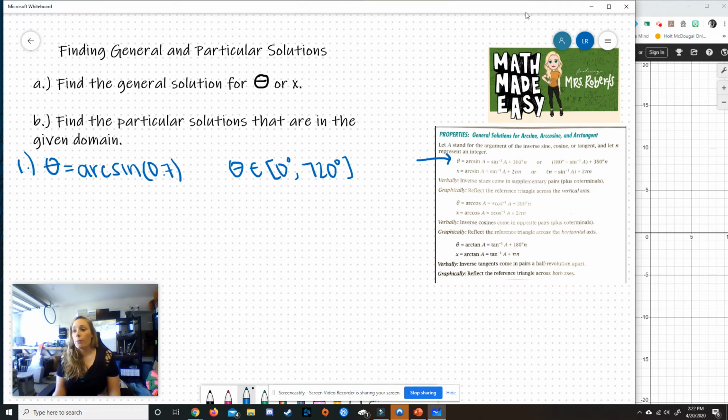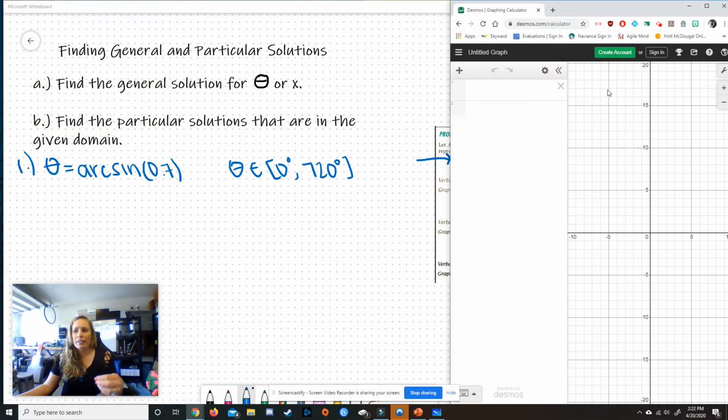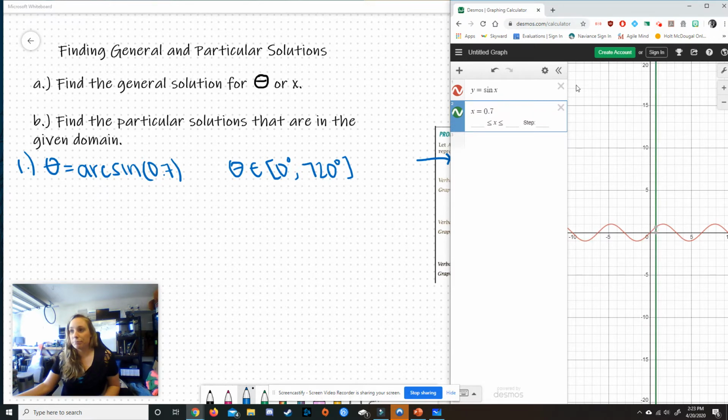Now, what we could do is immediately go to this and start applying what makes this true. But I think what's even better is to go into the graphing calculator and get a visual representation of this. And so I'm going to say y equals sine of x, and I want to know specifically when y equals 0.7.